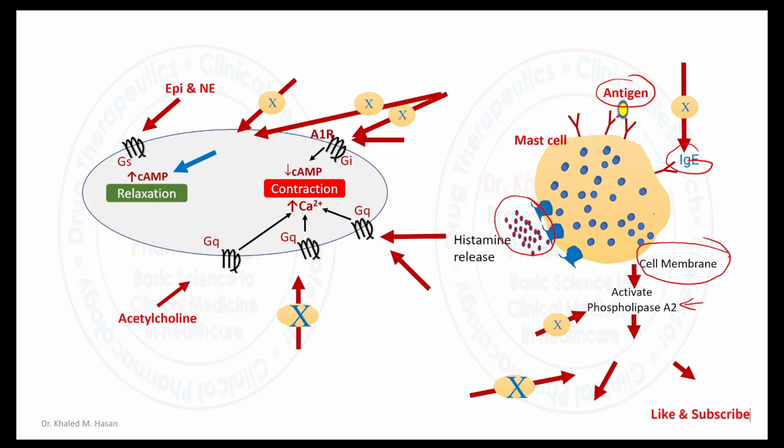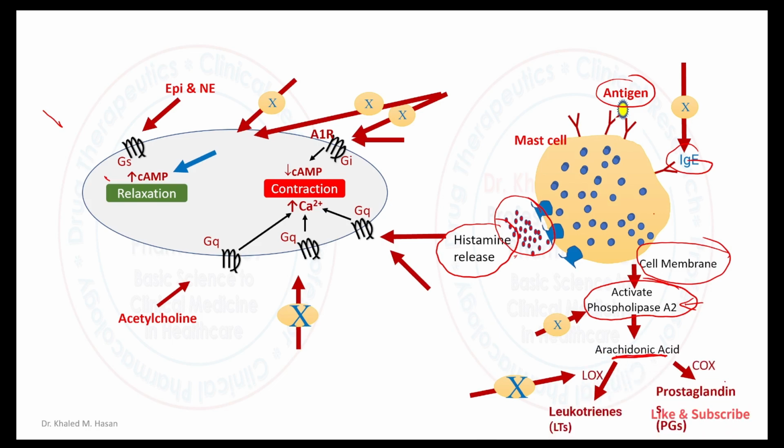And as you can see here, release of histamine. So we have two main mediators involved. Number one, histamine will be released. Number two, activation of phospholipase A2, which activates the cell membrane, leading to arachidonic acid formation.